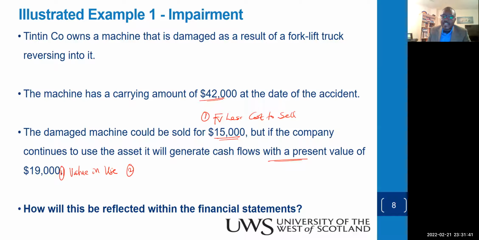Knock it off against the 42,000, our carrying amount. Compare it to the 19,000, which is our recoverable amount. And then the difference gives us our impairment loss.